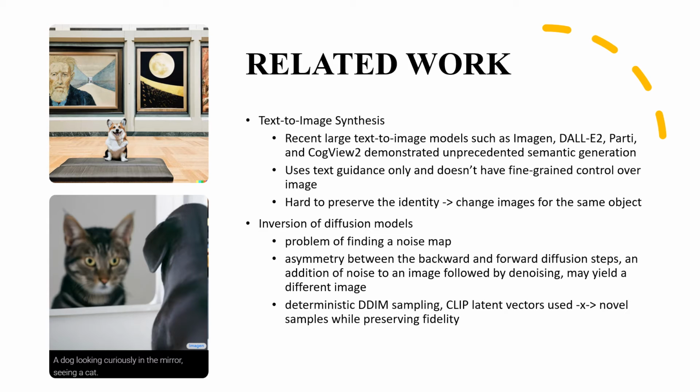Recent large text-to-image models such as Imagen, DALL-E 2, Parti and CogView2 demonstrated extraordinary semantic generation. These models do not provide fine-grained control over a generated image and use text guidance only.